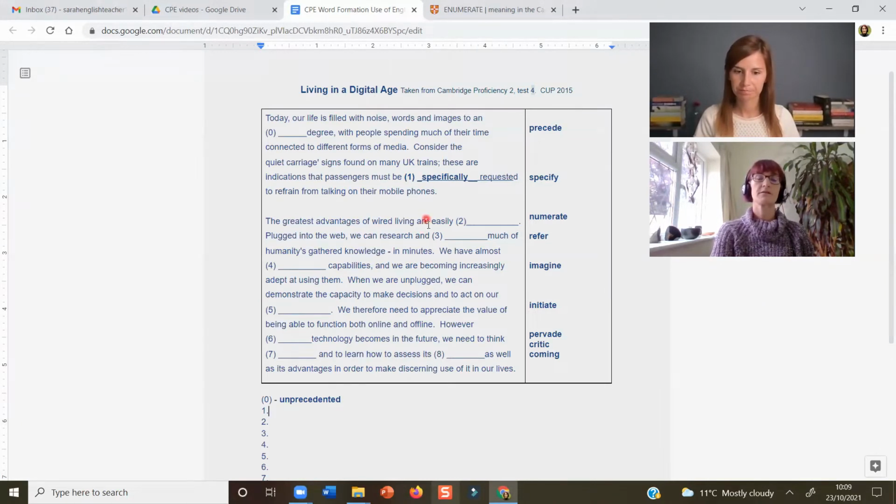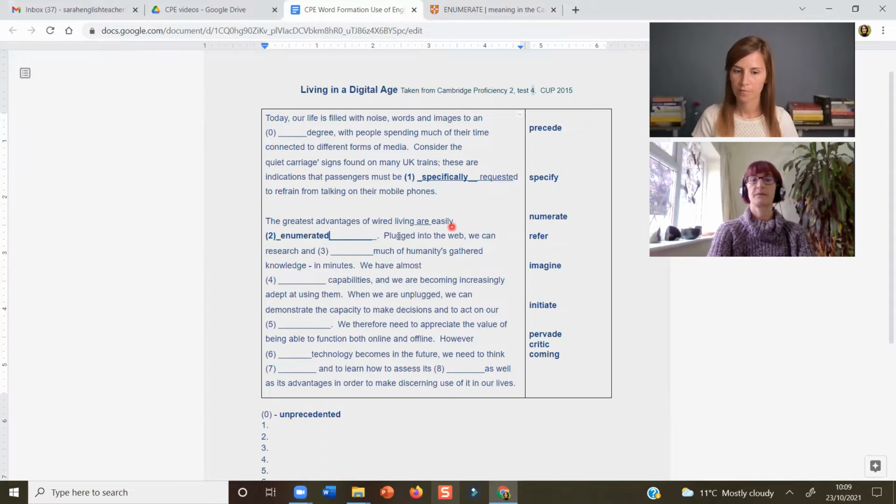Is that because of this verb be here? Yeah. Are easily, I need to put something that makes sense with are. Are easily, and then we have the adverb. Well, I would change numerate into enumerated.